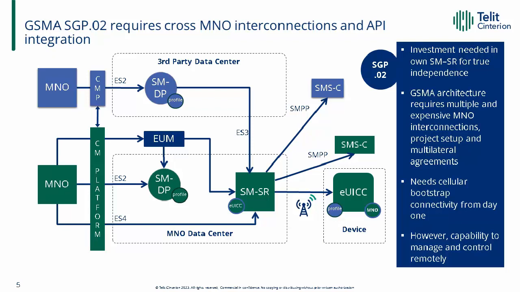But yeah, there are a lot of disadvantages, I would say, but you can see you have the whole capability to control when you would like to push over a new SIM profile. Okay, so that is the M2M model in SGP.02.